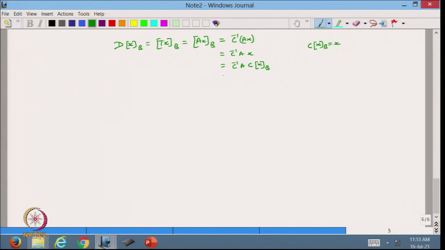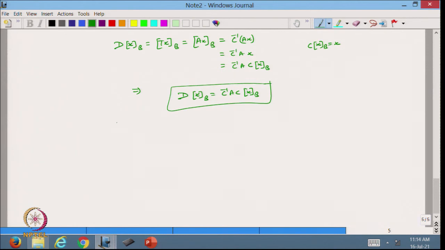So, from here I am able to write that d of x_B is equal to C inverse A C B, and this is true for any vector x with respect to the basis. So, it is true for all x belongs to the given space R n.